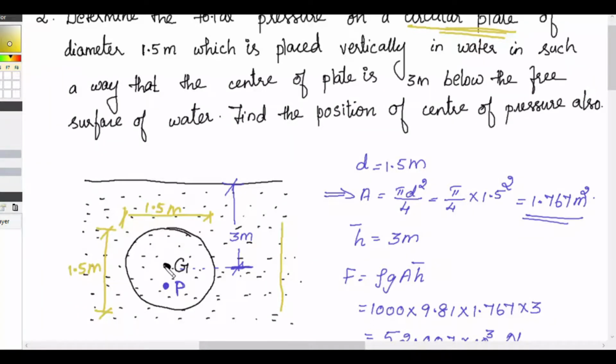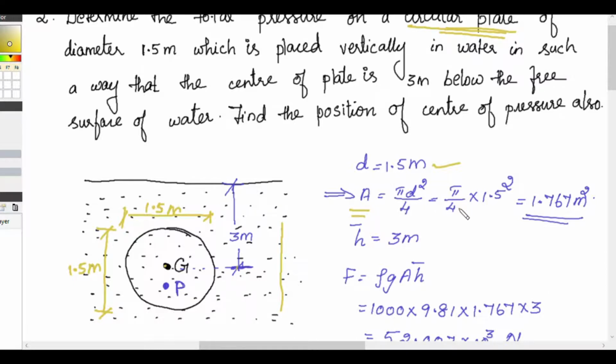Now, this center will be 1.5 by 2 and the center of gravity lies at a distance of 3 meter below the free surface of water. We need to find the position of center of pressure also. Okay, so we know the diameter is 1.5 meter. So area is equal to pi d square by 4 or pi r square.